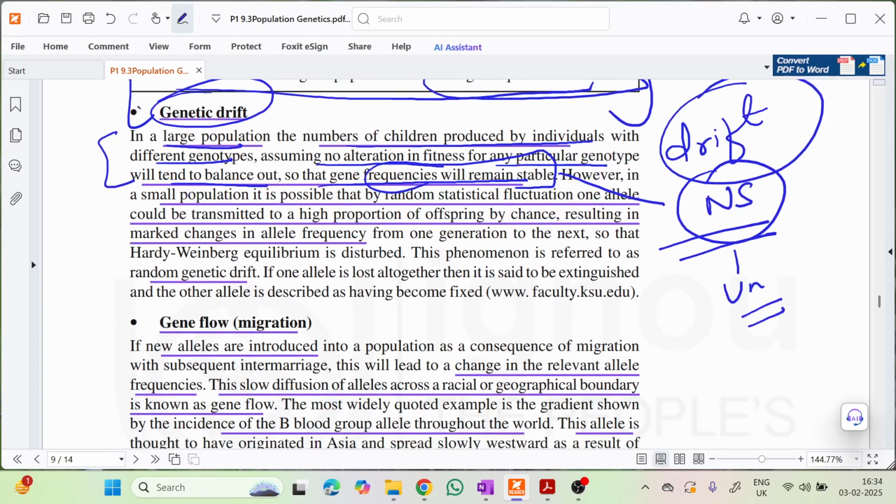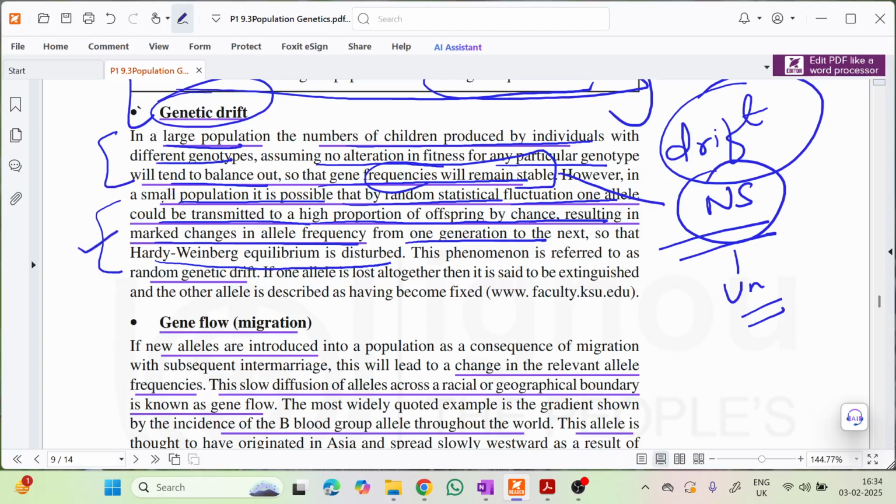However, in a small population, it is possible that by random statistical fluctuation, one allele could be transmitted to a high proportion of offspring by chance, resulting in a marked change in allele frequency from one generation to the next, so that Hardy-Weinberg equilibrium is disturbed.